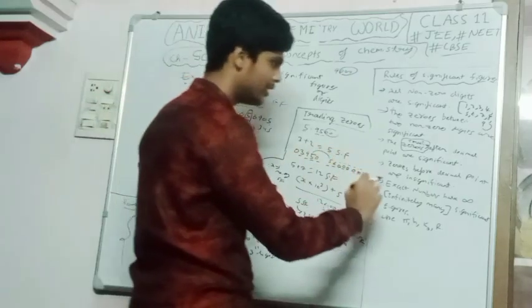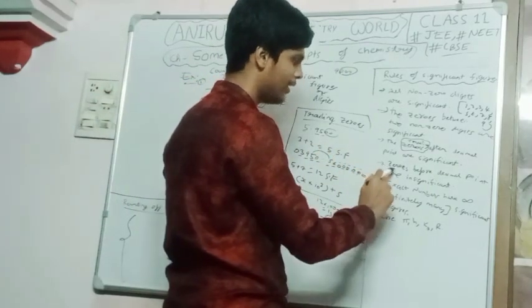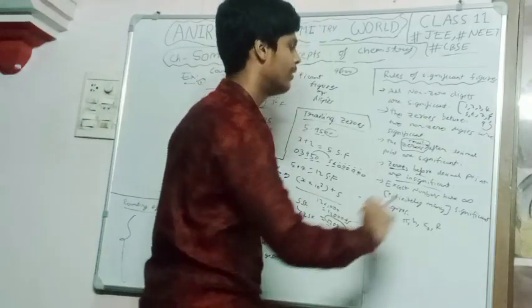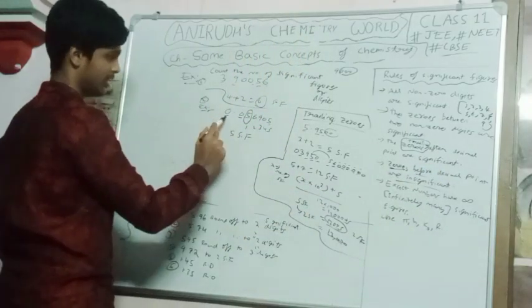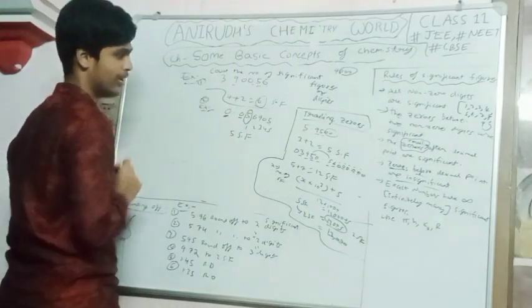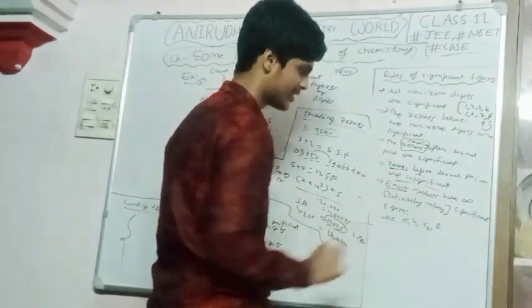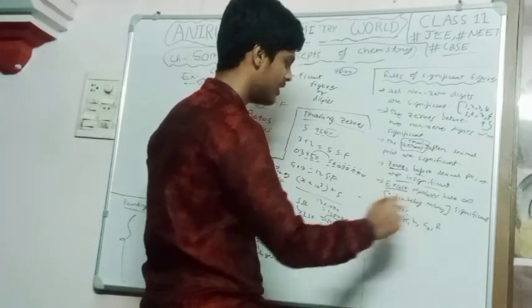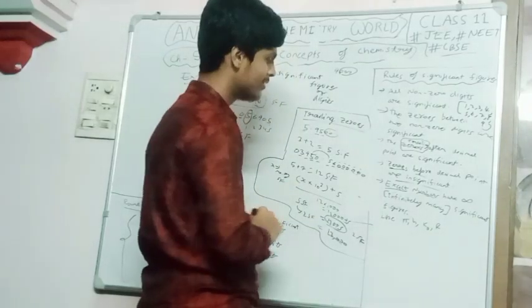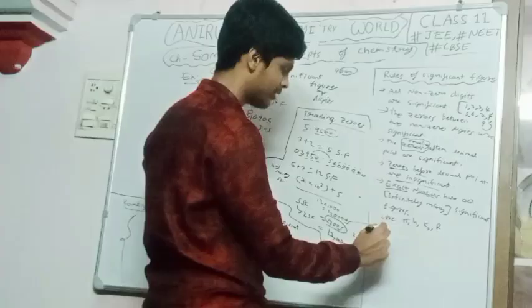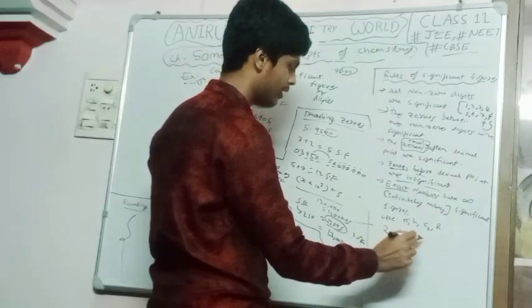Okay, now this is the important thing. I already told that zeros before the decimal point are insignificant, not significant. The exact numbers have infinitely many significant figures. What do exact numbers mean? Exact numbers are like integers 2, 3, 5, 100.